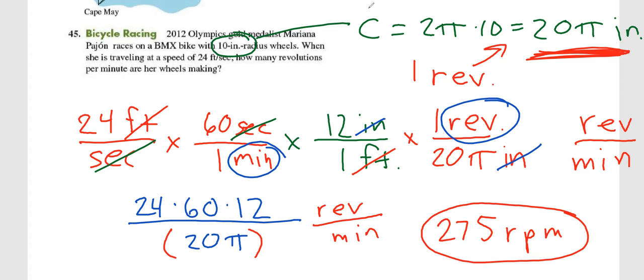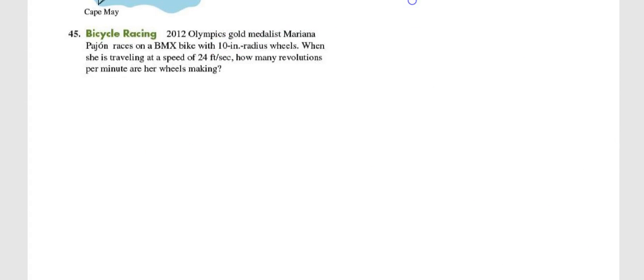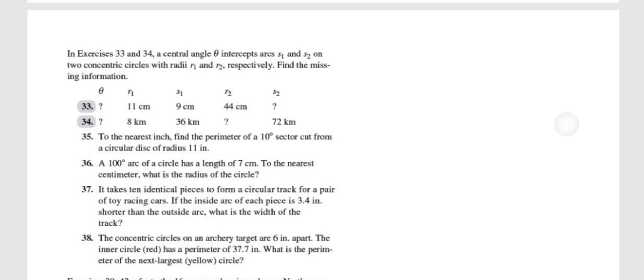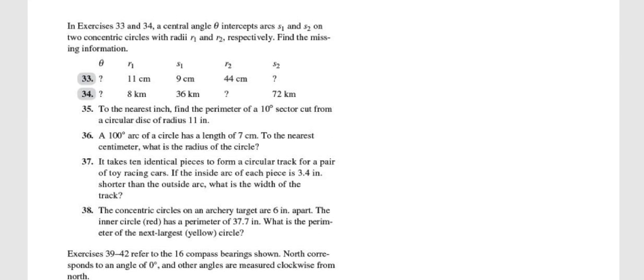Miss Sani, what was yours? 35. To the nearest inch, find the perimeter of a 10-degree sector cut from a circular disc of radius 11.